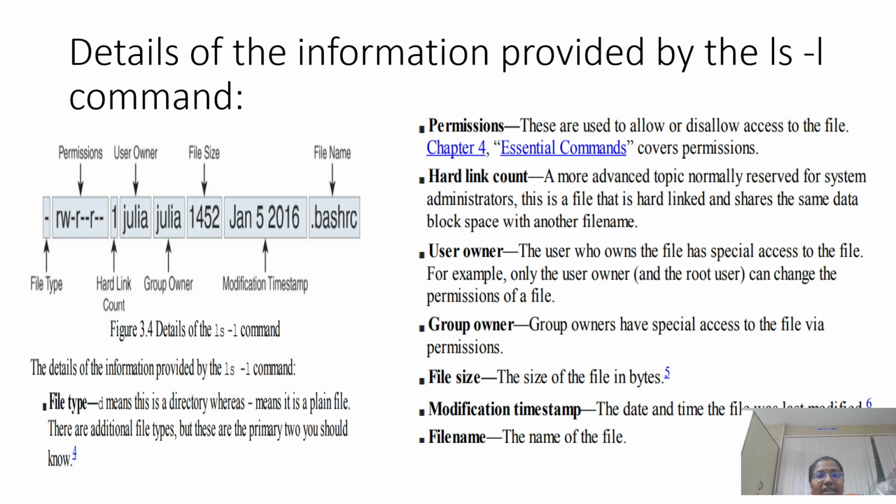Then there is the hard link count, an advanced thing reserved for system administrators: a file that is hard linked and shares the same data block space with another file name.